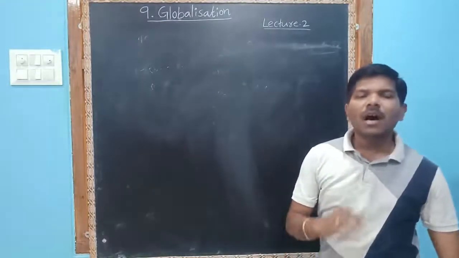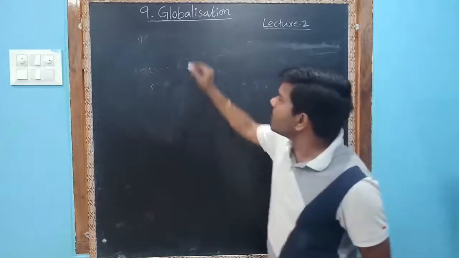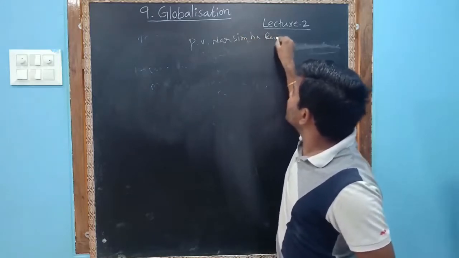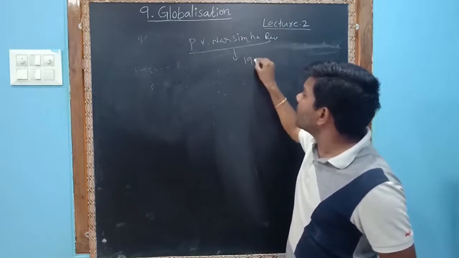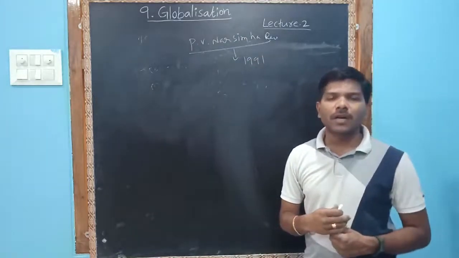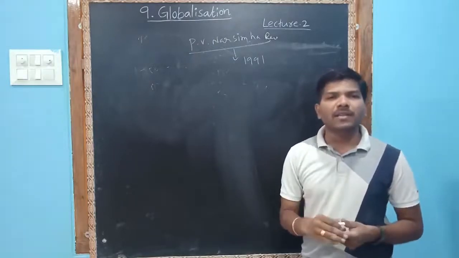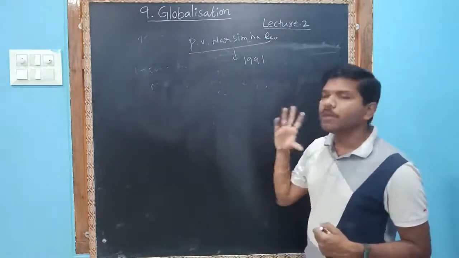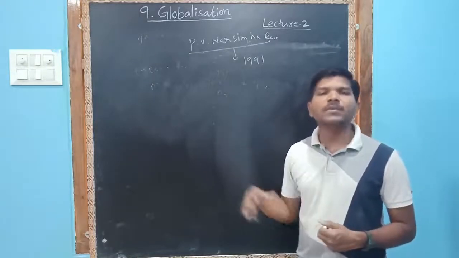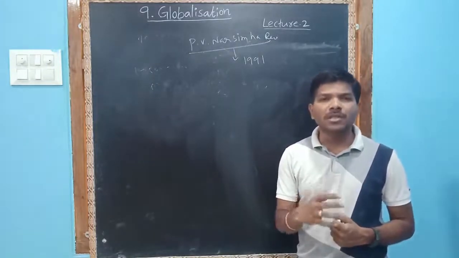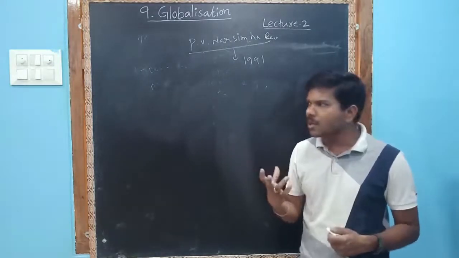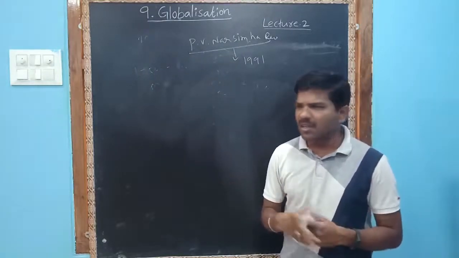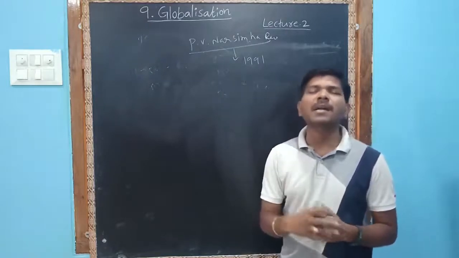Just now I said that after independence the government did not accept foreign goods. But the P.V. Narasimha Rao government, around 1991, identified that Indian producers have to compete with the producers around the world, because Indian products in the international market were not of good quality, and so there was a very bad name on Indian products.